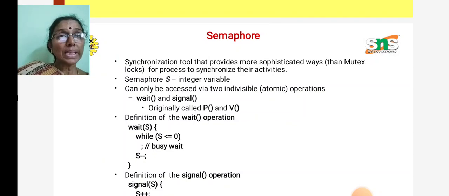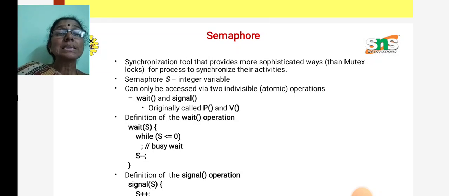What do we mean by S equal to 0? The process P1 wants to use the critical section, but the semaphore value is 0, so it could not enter into the critical section. When the semaphore value S is equal to 1, the process enters into the critical section.